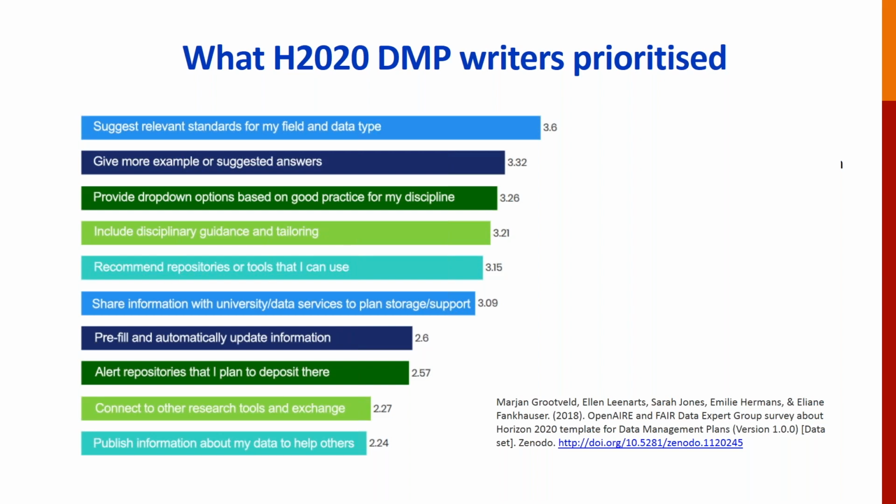People were looking for recommendations on the standards, so that's why we've done things like the integration with the metadata standards catalog, or more examples and suggested answers, or drop downs, more disciplinary tailoring. These are the directions we want to take with the tool, to provide more suggested content, so that it's not so many free text boxes.